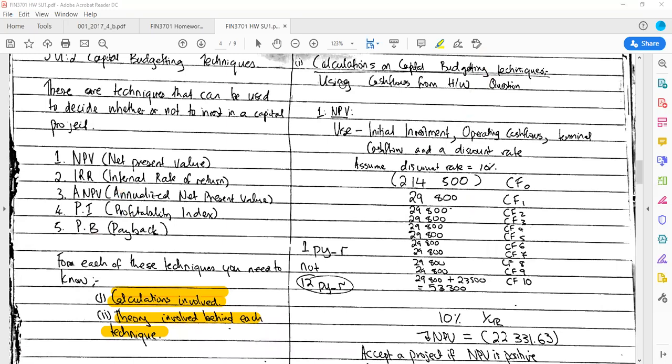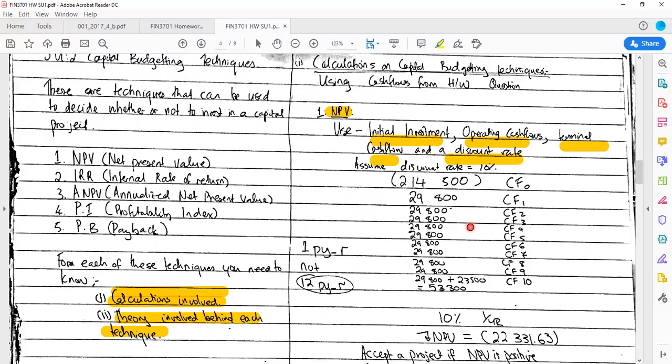The first technique I'm going to take you through is the net present value, the first capital budgeting technique. To calculate the net present value, we use the initial investment, the operating cash flows, and the terminal cash flow, and we also need what we call a discount rate.